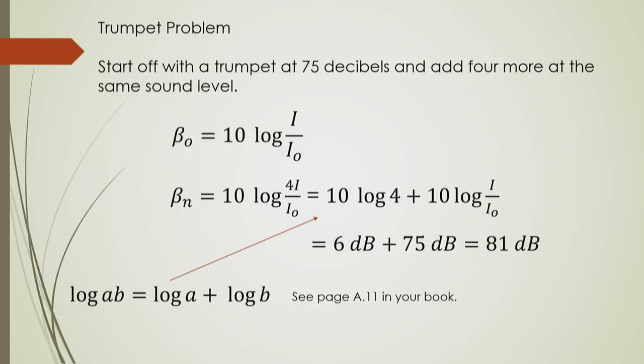And if I go back into my appendix, log of A times B, I can separate into log A plus log B. So now I've got 10 log 4 plus 10 log of I over I-naught, which we were told in this case was 75 decibels. 4 trumpets are now at 81 decibels because of how I deal with the logarithms.